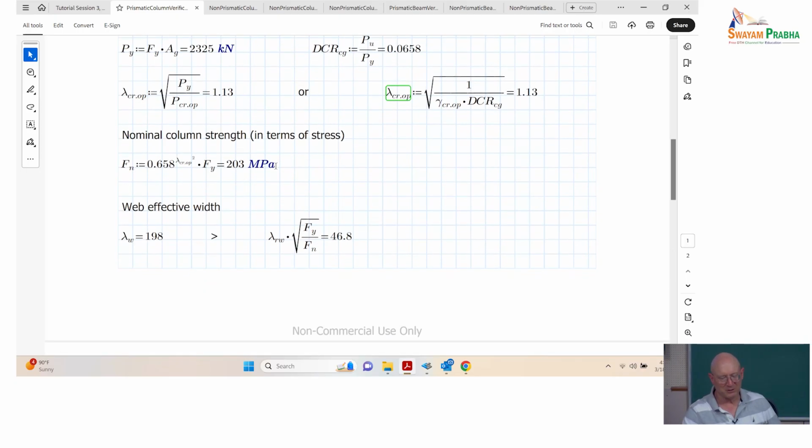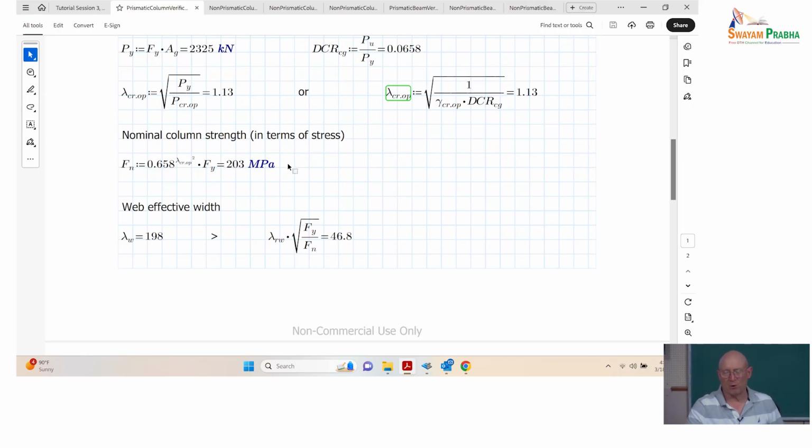Okay, we've mapped from an elastic buckling resistance now to a resistance considering imperfections, considering inelasticity. So at a stress of 203 megapascals, we expect the column is going to give up. All right, okay. So that's the way we're doing it in AISC.